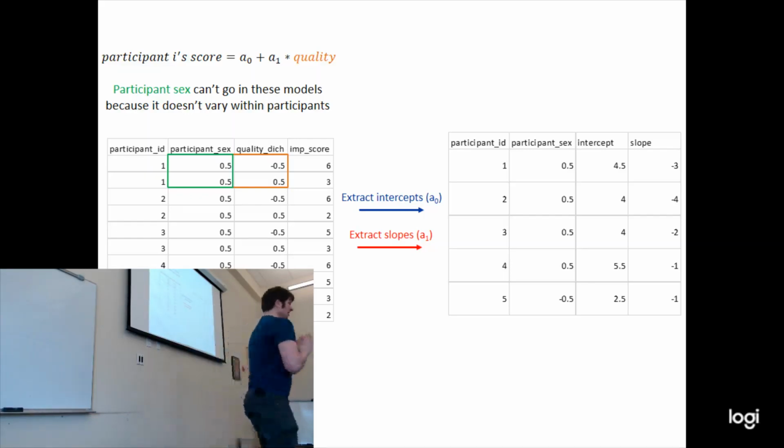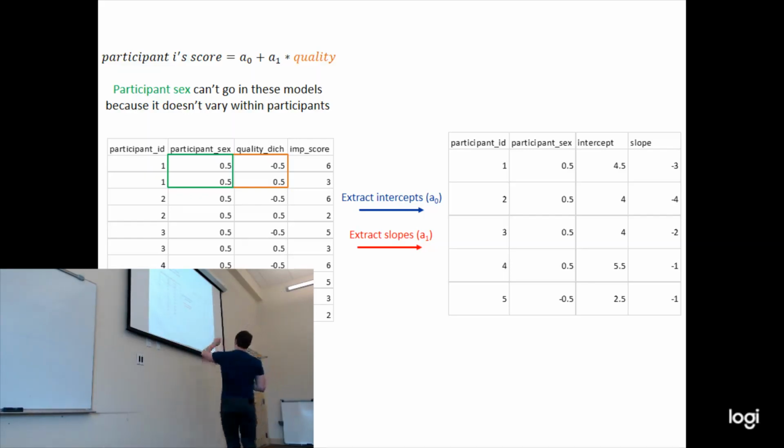So let me ask you first about the overall model for the intercepts. What do you think the overall model looks like for the intercepts? So last time, when we did not have participants X, we just did an intercept-only model on these derived quantities.